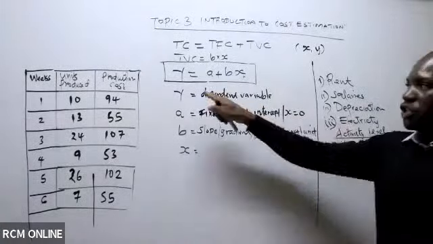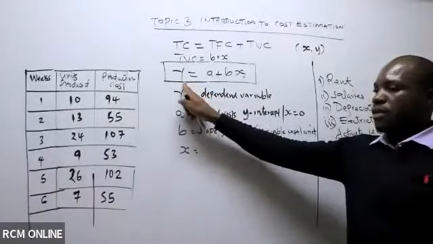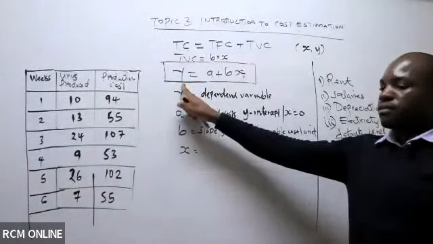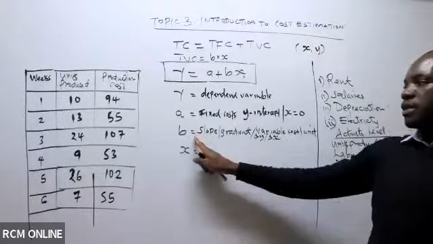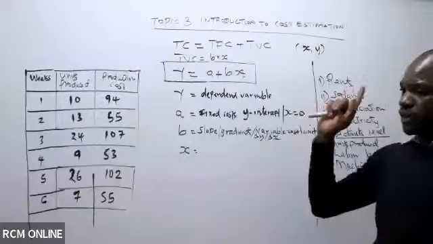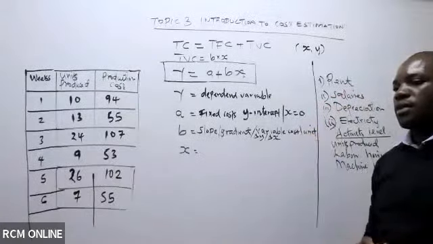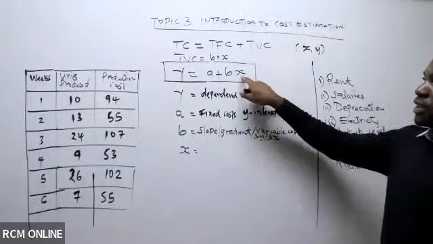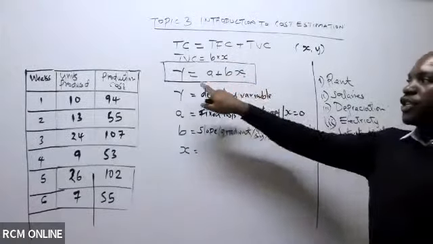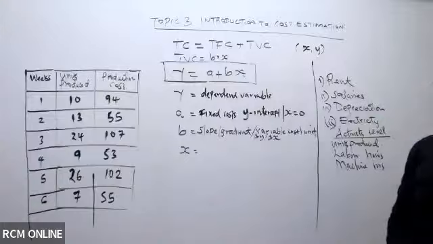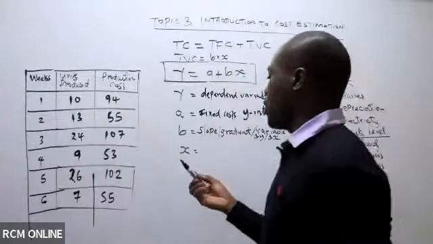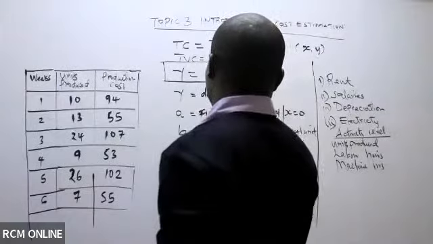If we want to see changes in y, what will make it change? Keeping in mind that variable cost per unit is constant. It is x. So changes in x will lead to changes in y. This x here, that's why we are now giving it a special name called independent.